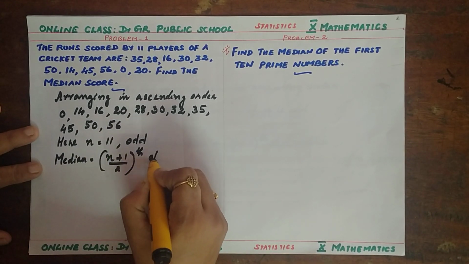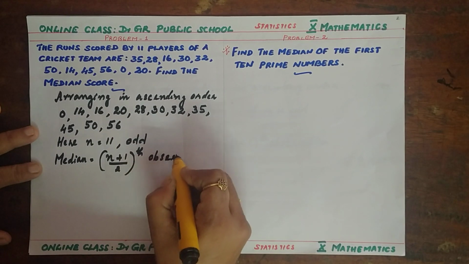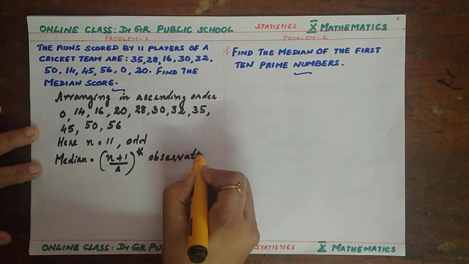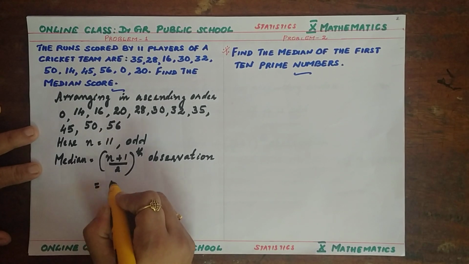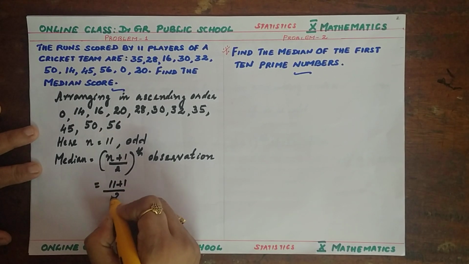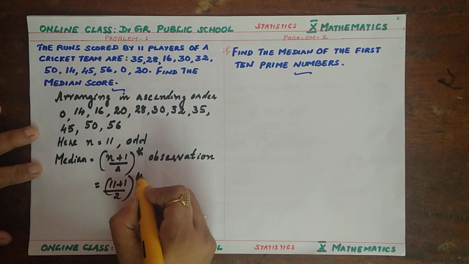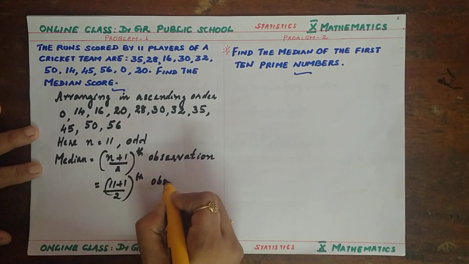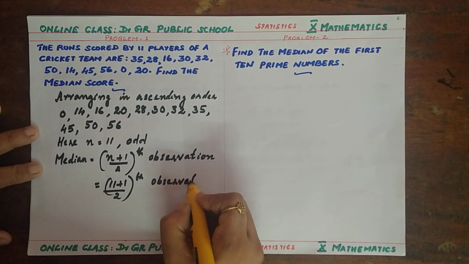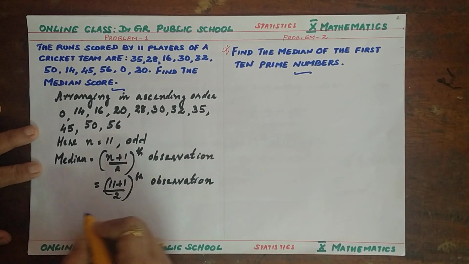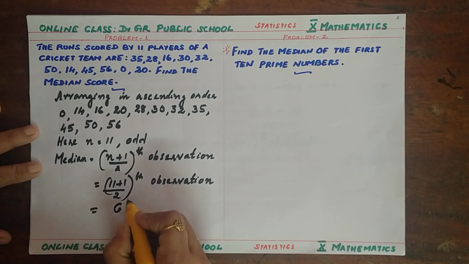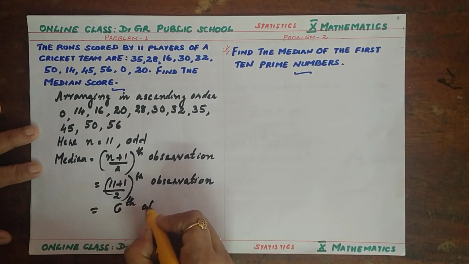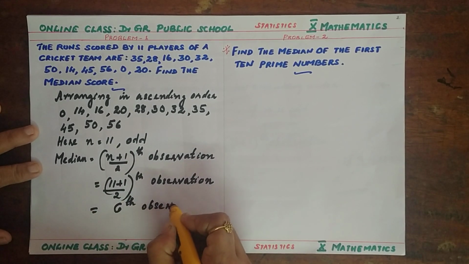Am I right? Substitute the value of n as 11 here, which is 11 plus 1 by 2th observation. What is 11 plus 1? 12. 12 by 2 is the 6th observation.